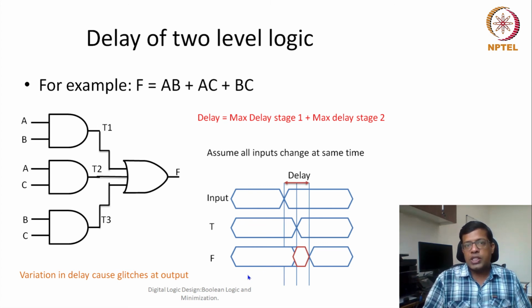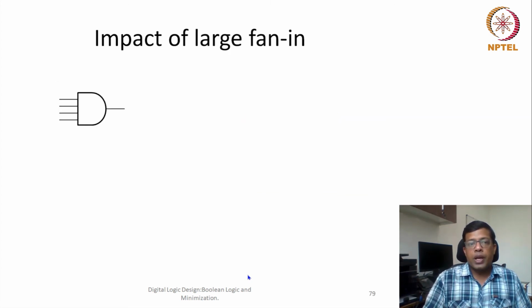Okay, so this was about the delay. Now let's also consider the effect of fan-in. Let's say we have a gate which has 4 inputs, an AND gate.